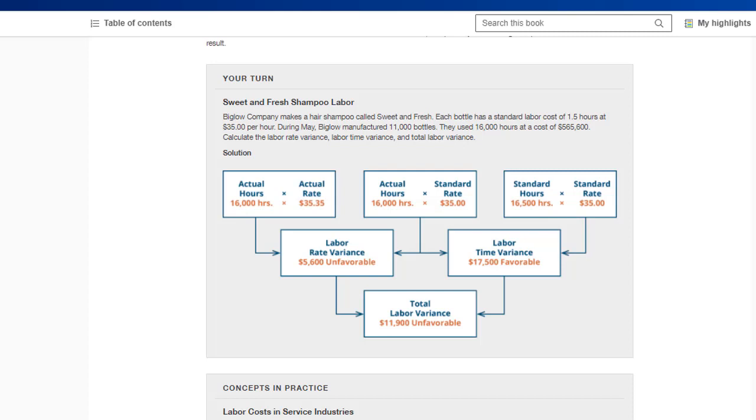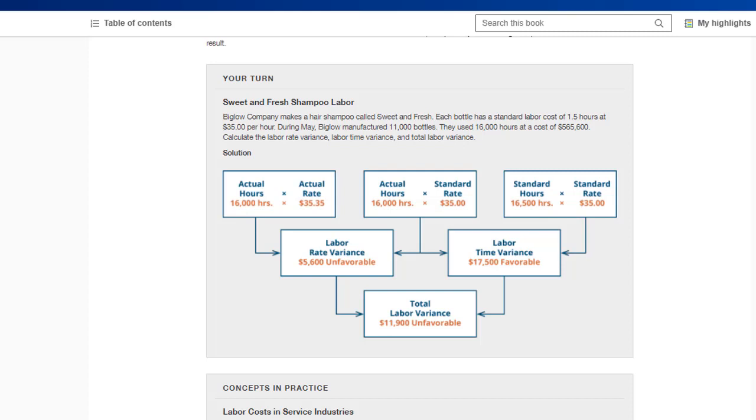Now, what is the rest of this all about? Well, that bottom box tells you how much you over or underspent your budget by. And again, as we just computed, you actually underspent your budget by $11,900, which should be considered favorable.